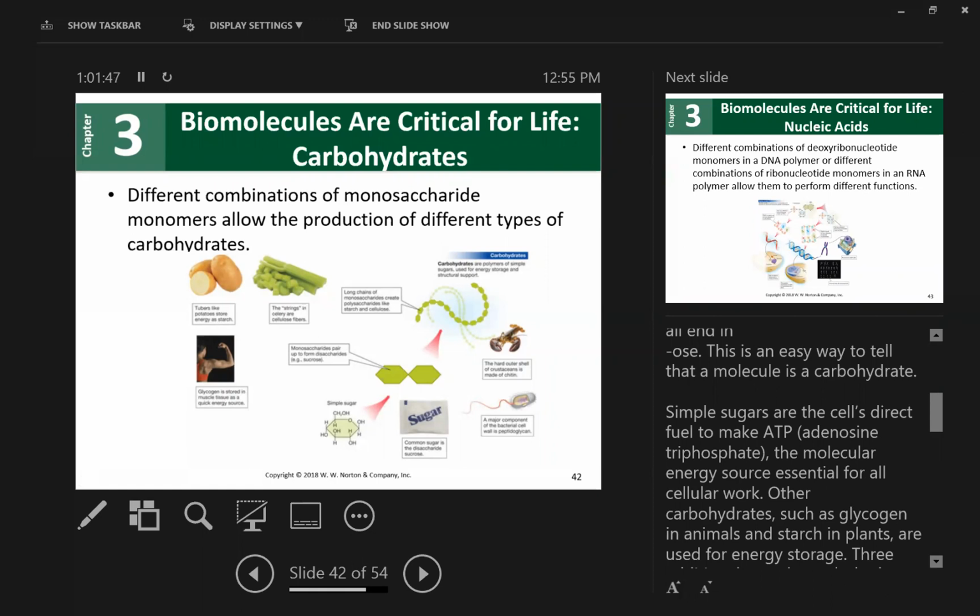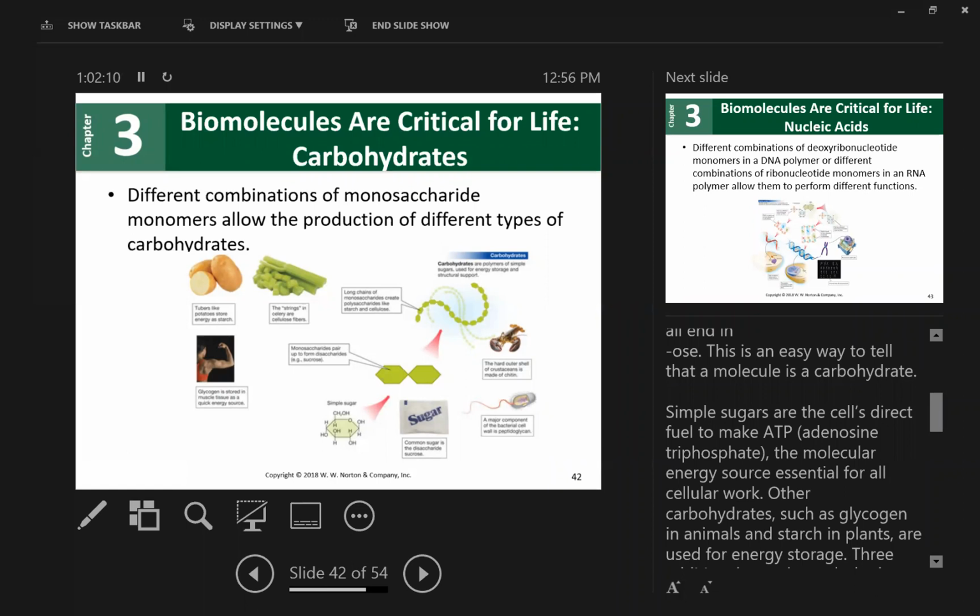And ATP is the molecular energy source that's essential for all cellular work. Again, when we talk more specifically about photosynthesis, we will talk more about what this ATP is and how important it is for our bodies and our cells to have the carbohydrate input.